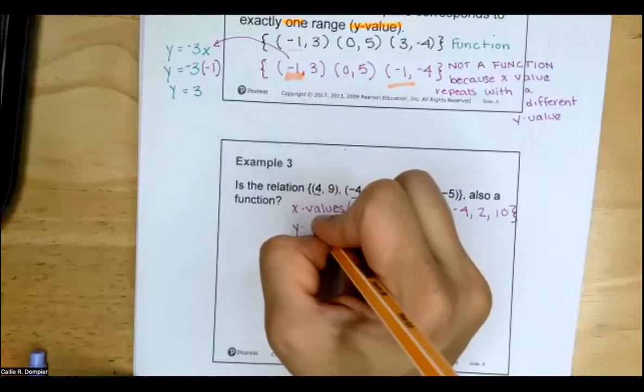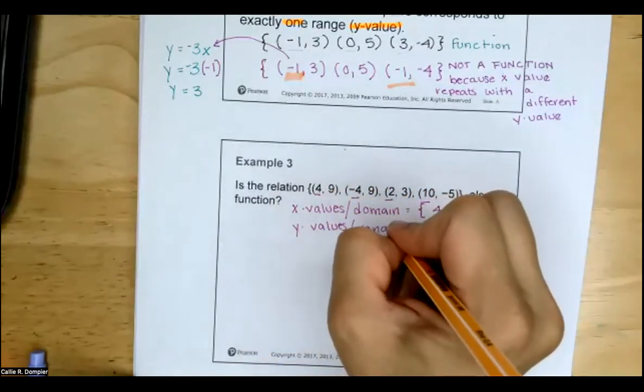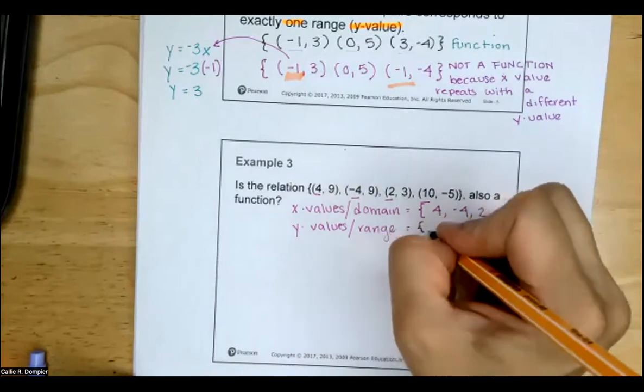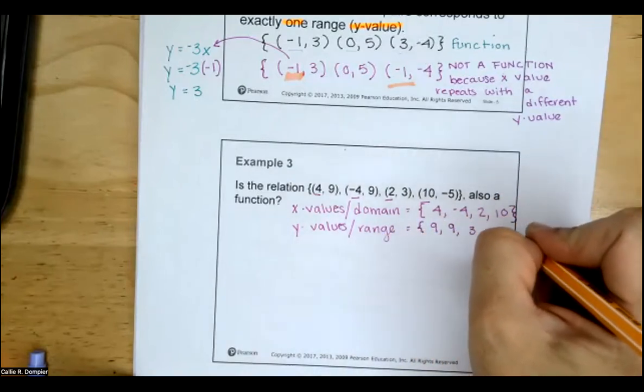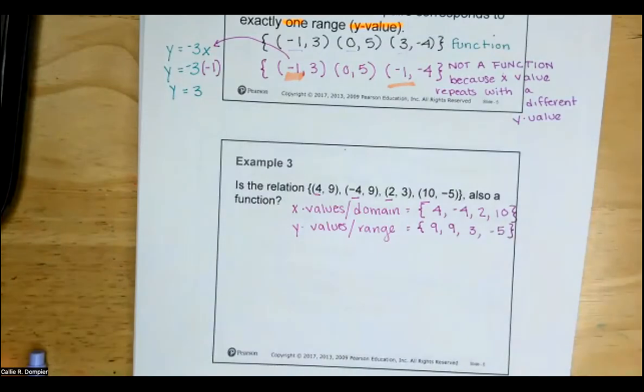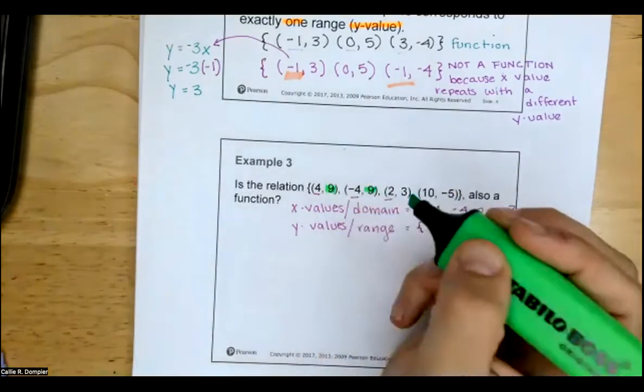Our y value, or our range, is 9, 9, 3, -5. There is a repeating y value, but that's okay.